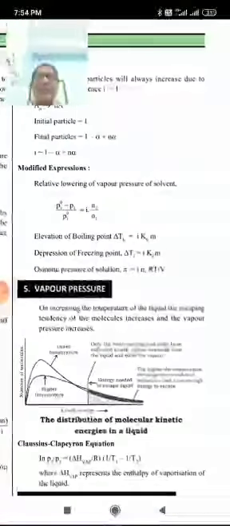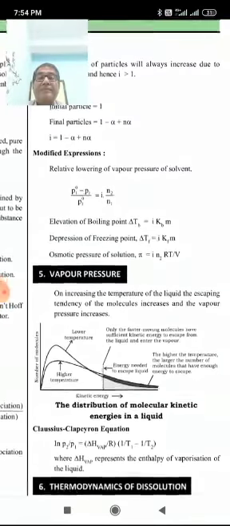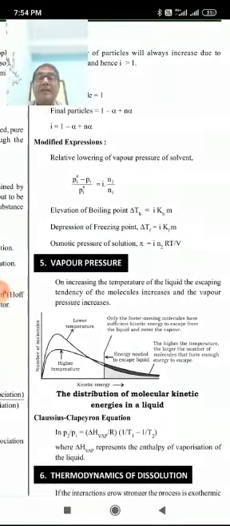Now, second one is dissociation. In dissociation, the number of particles will always increase due to the dissociation of molecules. So i is always greater than 1.